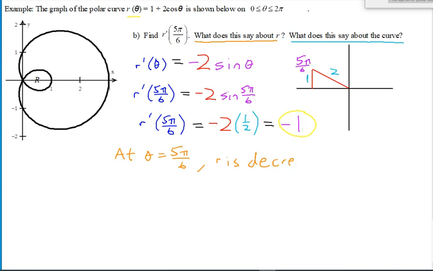That's what it says about R. And the curve is moving, you can either say closer to the origin or towards the origin, or I'll just say closer to the origin. Or if it had been positive, you could say that R is increasing and the curve is moving further from the origin.